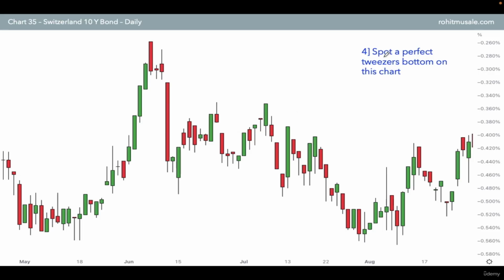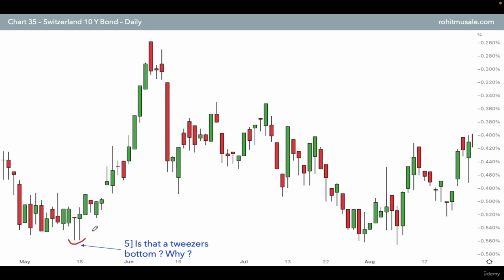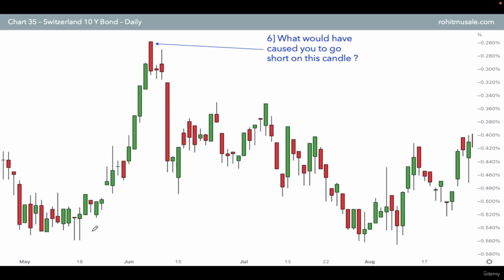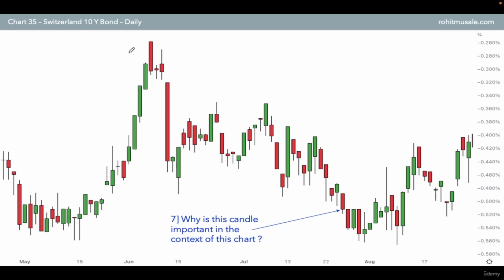Number 4. Spot a perfect tweezer's bottom on this chart. Number 5. Is that a tweezer's bottom? Why? So this one. Number 6. What would have caused you to go short on this candle? Again, this red candle. Number 7. Why is this candle important in the context of this chart? So this red candle.